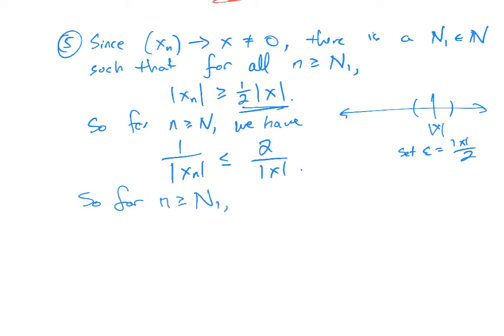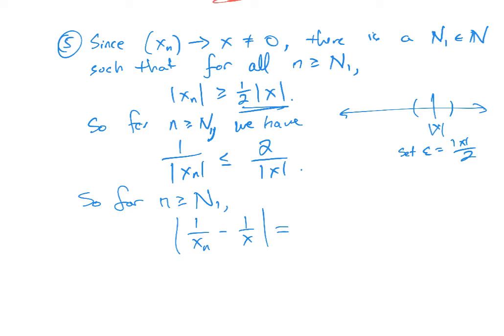And that was an N1 up there, an N1 and a comma. Okay. So again, for these values of n, the quantity we care about is 1 over x sub n minus 1 over x.